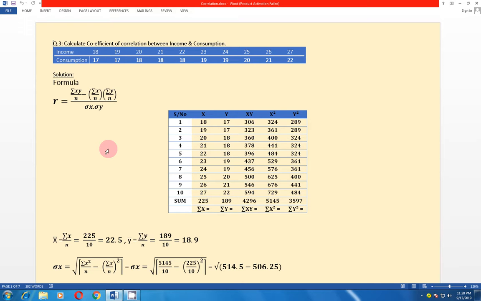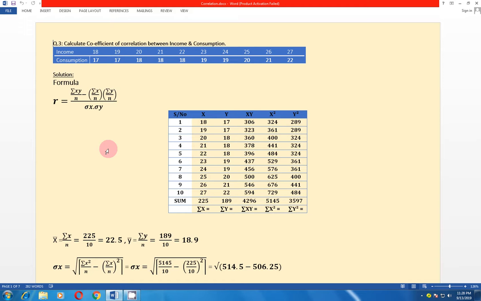If answer is +1, it means that there is proportional positive relationship between these two variables, which further means that if one variable increases or moves upward, the other variable also increases or moves upward proportionally, and vice versa.